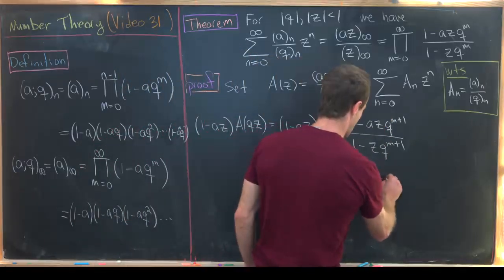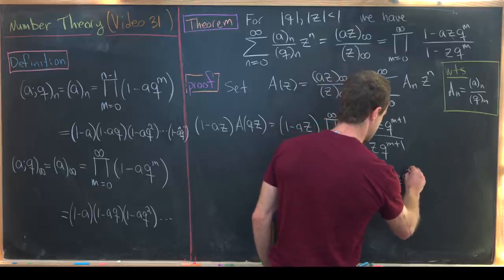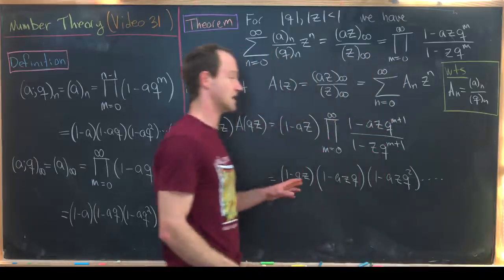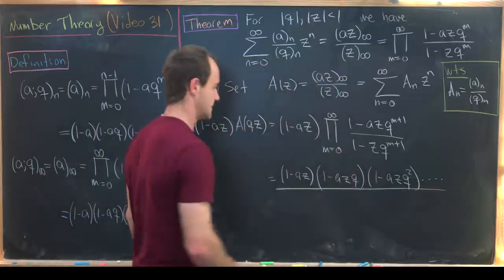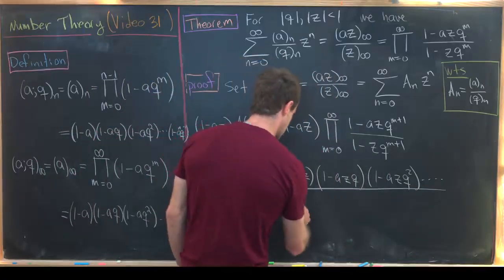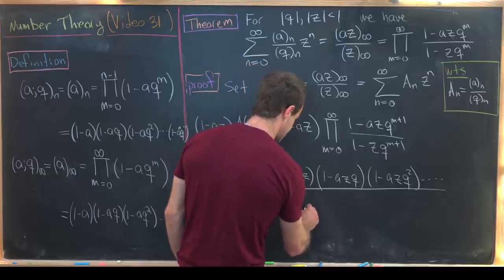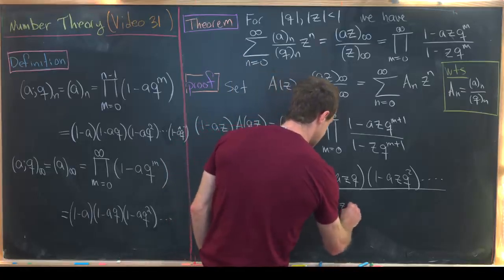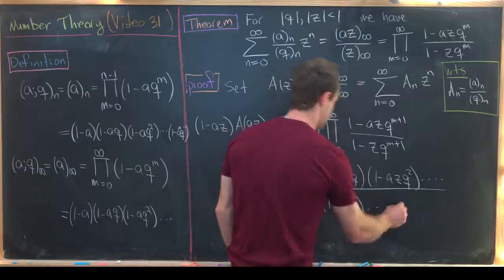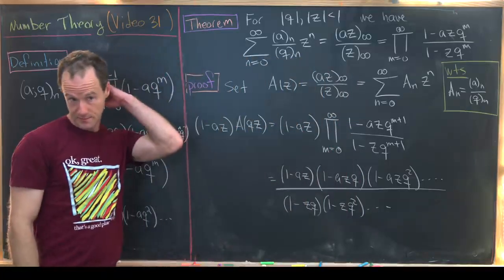And then next we have 1 minus az times q squared, and then that just goes up infinitely. Now let's see what the denominator looks like. So the denominator is going to look like 1 minus z times q, and then 1 minus z times q squared, and then that's going to infinitely go up.